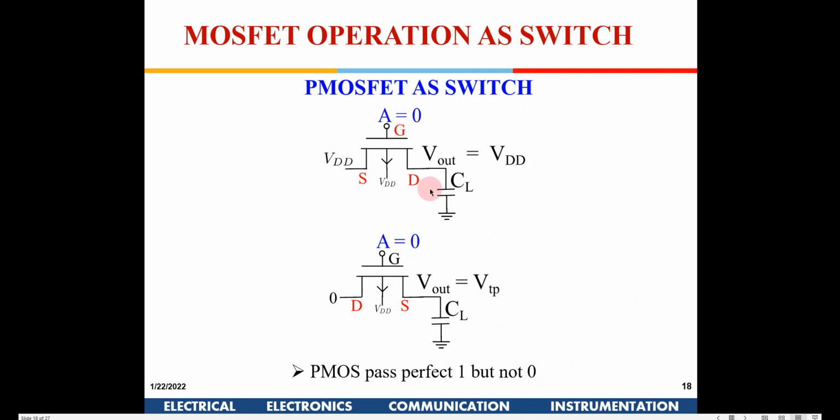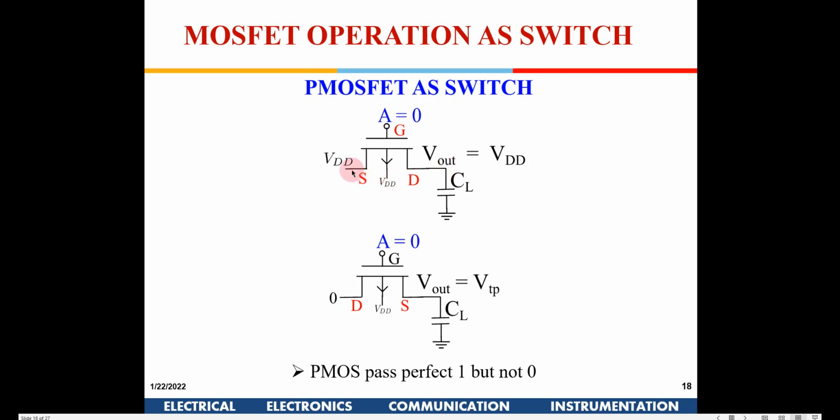Now when we use the PMOS as a switch, suppose I have to transmit a VDD here. This is the capacitance, and to switch on this PMOS, I have to give 0 voltage to the gate. Initially for the NMOS we were giving VDD to the gate, and now in this case we are giving 0 to the gate for this to be switched on.